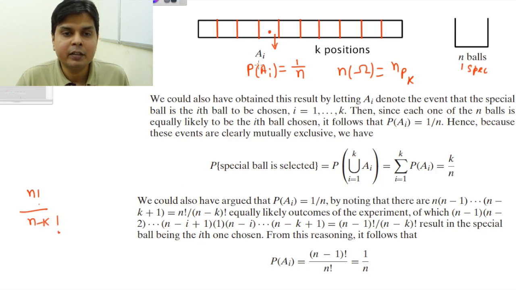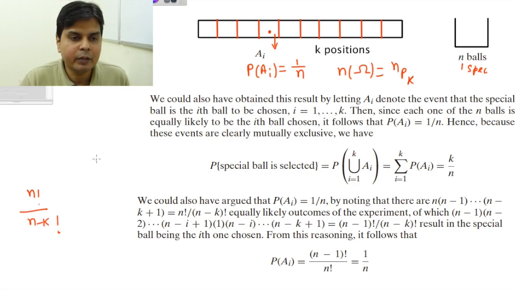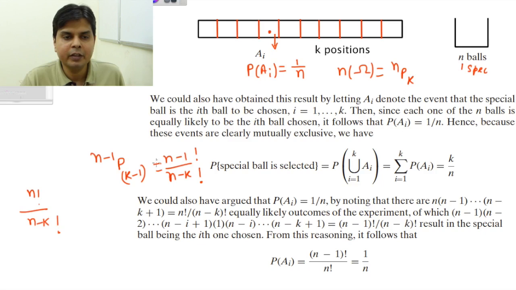Now for the favorable event, the special ball is occupying the ith position. That one position is fixed. So you have now n minus 1 balls and k minus 1 positions. So that will be n minus 1 P k minus 1, which is n minus 1 factorial divided by n minus k factorial.